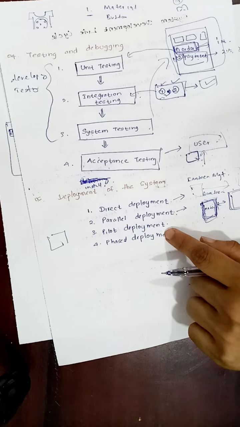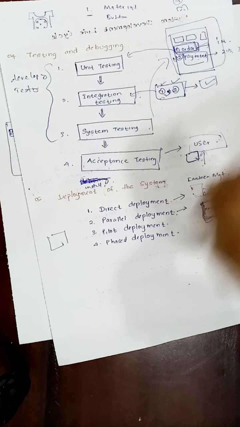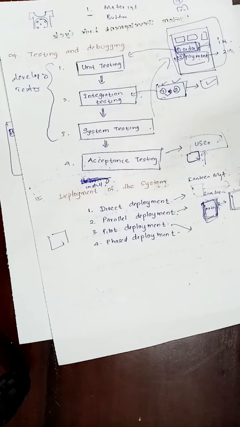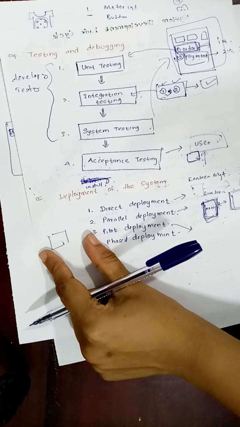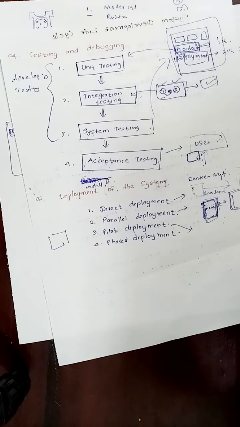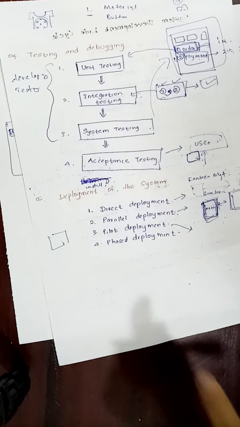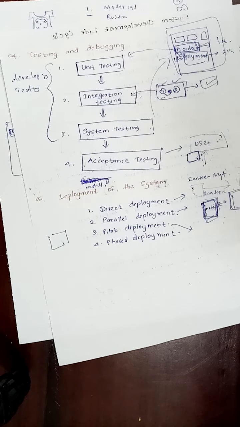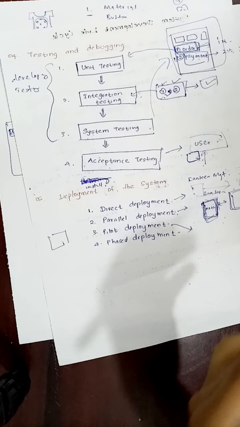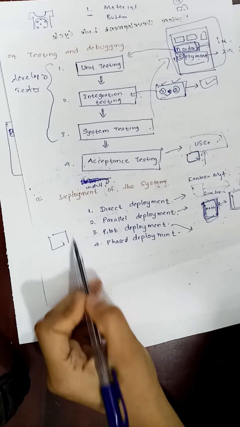Pilot deployment means, now you see, this canteen management system is going to be used for the whole country. That means in our country there will be many schools. So the government is ready to deliver to all school canteens.